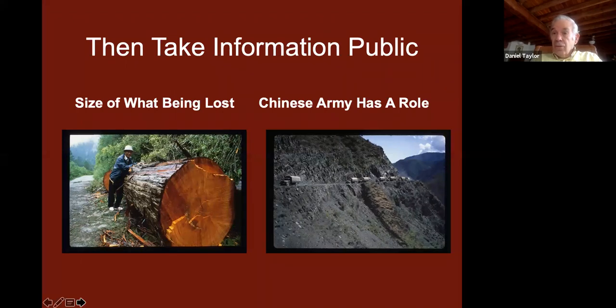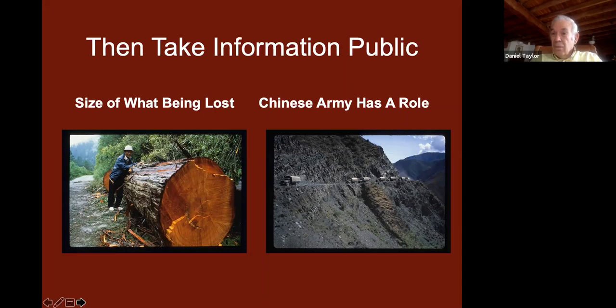Now, in the case of what we did in China, I didn't mention earlier, but I'll just share with you what happened. We showed about the deforestation. In this picture you see trucks of the Chinese army. They're carrying out timbers. 350 trucks a day were carrying out timbers, deforesting this area. 350 Chinese army trucks a day.